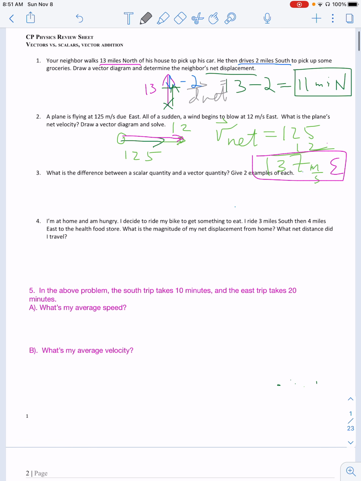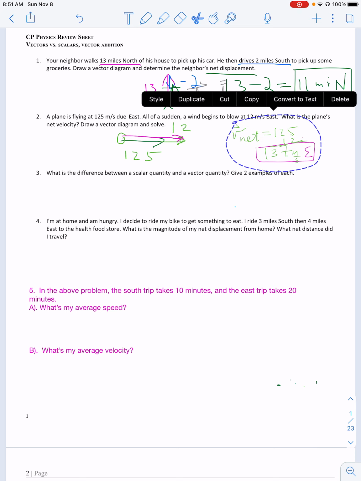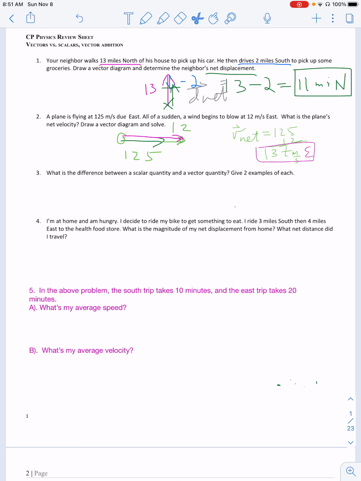Okay, let's look at number 3. What is the difference between a scalar quantity and a vector quantity? Okay, you should be able to do this readily. Scalar just has magnitude, which is size. So they're both measurements.